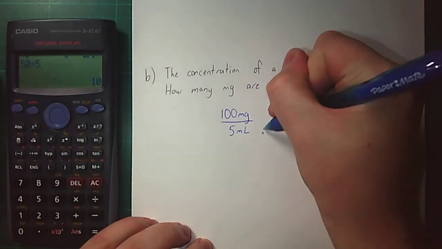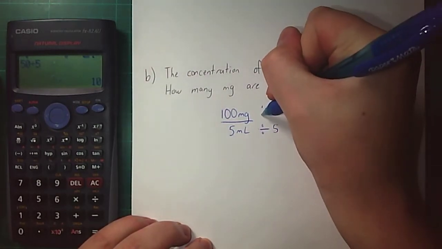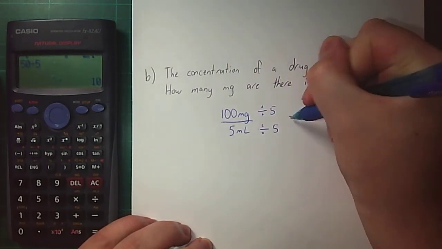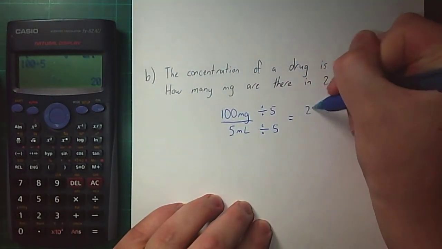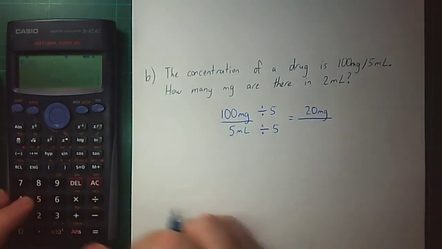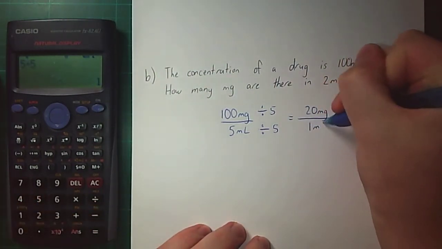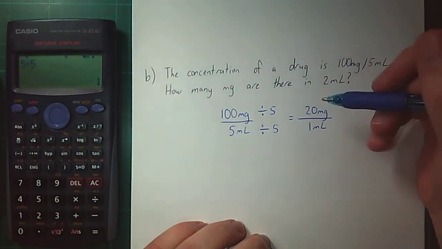So in this case, it's 5. If I divide the bottom by 5 and the top by 5, what ends up happening is, 100 divided by 5 is 20, so we have 20 milligrams on top, and 5 divided by 5, as we know, is 1 milliliter on the bottom. And this is an idea called the unitary method.